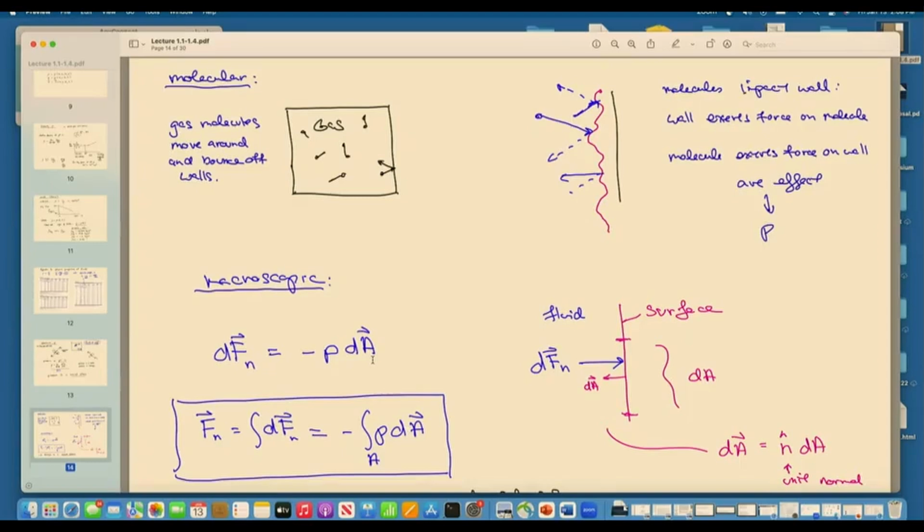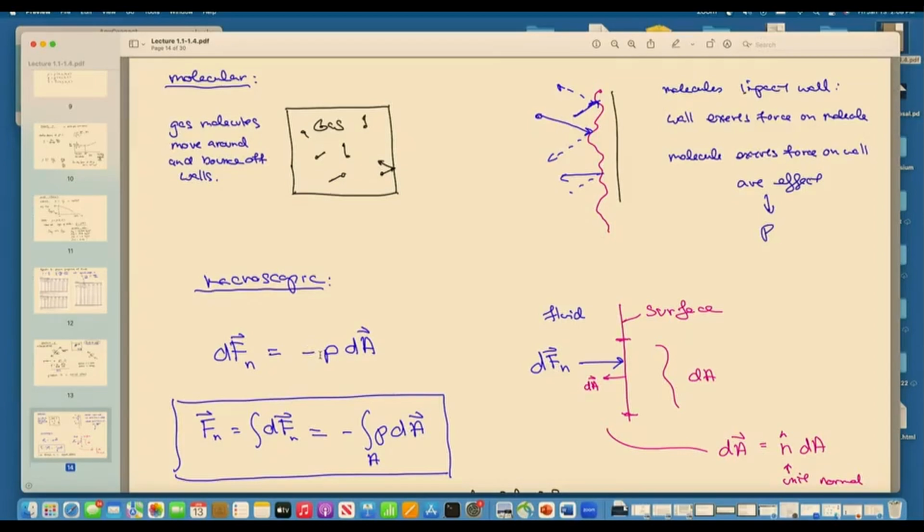Now, to account for direction, force is a vector, so is the area. The area direction is the outward normal. But as I mentioned and as indicated here, the force associated with the pressure is towards the surface, in the opposite direction. That's why there is this negative sign.